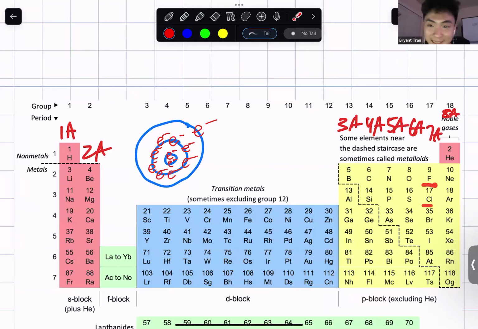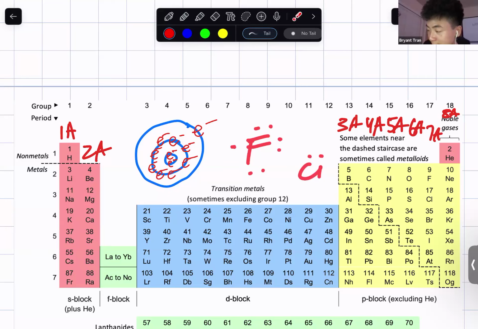Think about the atom size. As you go down the periodic table, it gets bigger and bigger, further away from the nucleus. Correct. The electrons are further away from the nucleus. And also think of it as polarizability, where let's say fluorine has seven valence electrons, and chlorine has seven valence electrons as well.